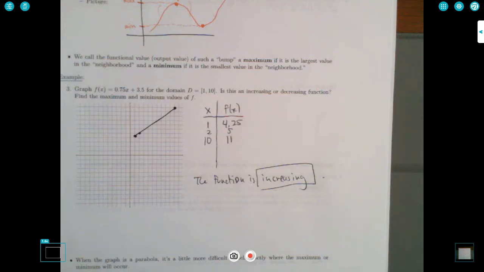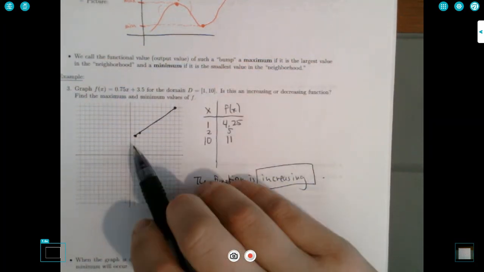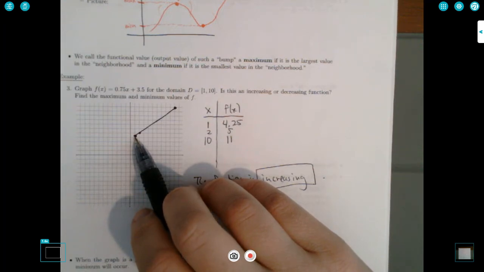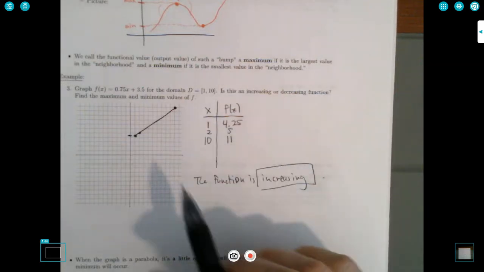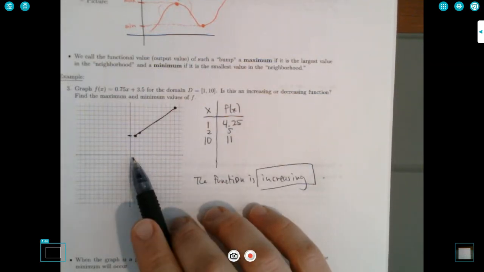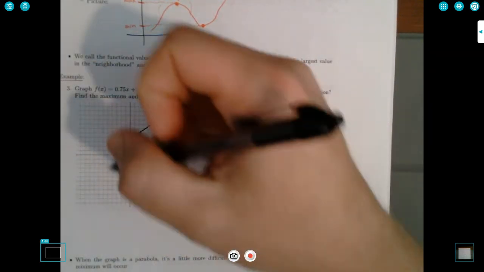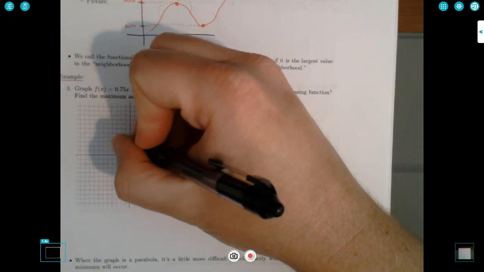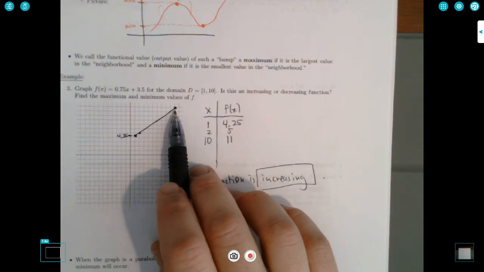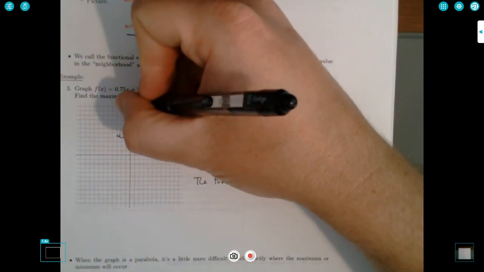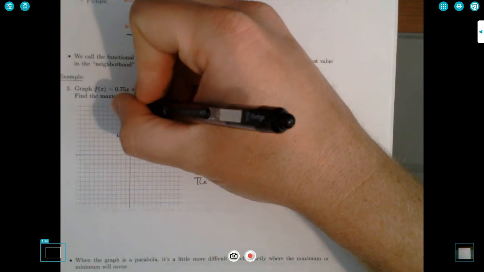Well, this is kind of a boring function. It's just a straight line. The minimum value is going to be this one, or rather, the y-coordinate of that point. This is the point 1, 4.25. So I know that the minimum value is 4.25. This is the maximum value up here, or rather, the y-coordinate is the maximum value.